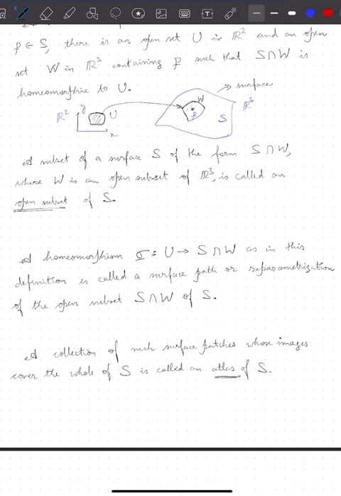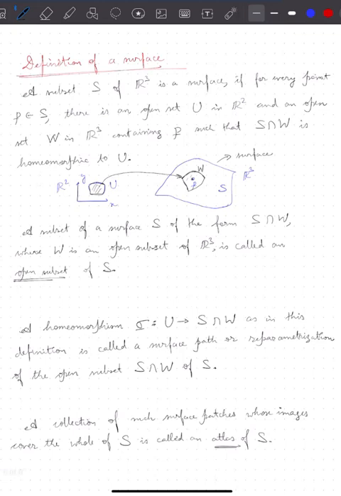So which means that initially this W is not fully contained in S. Of course, the thing is we are only talking about this W will not be fully contained, right?